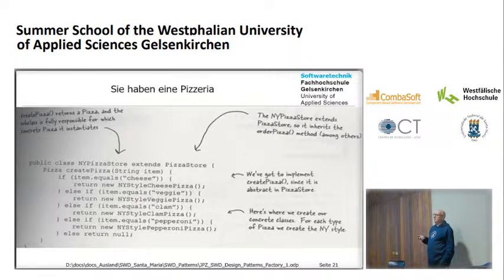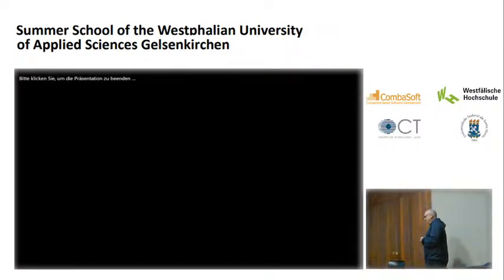Depending on what it contains, you return the cheese pizza, veggie pizza, clam pizza, or pepperoni pizza. But independently of what we have in the string, we create a New York style pizza, because we have a New York pizza store. Okay.